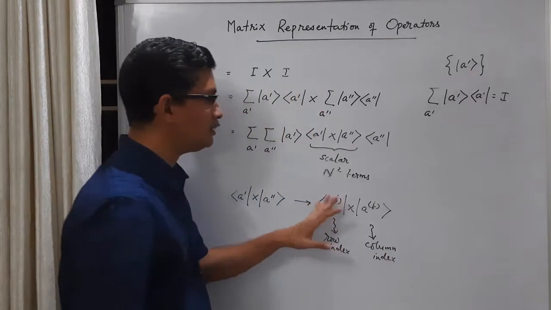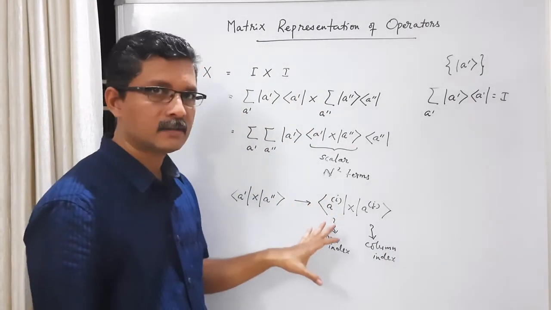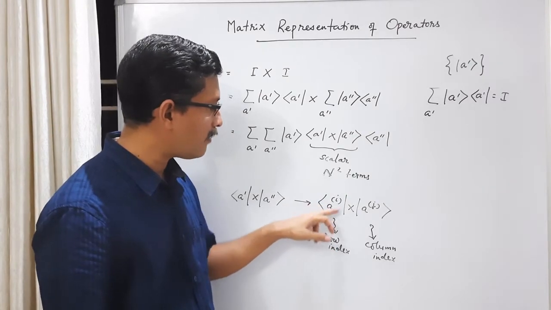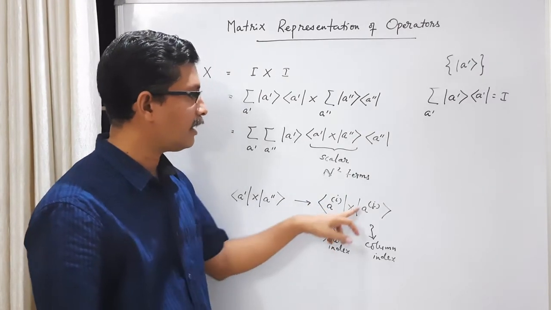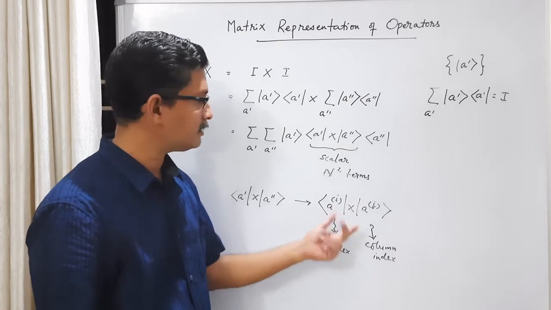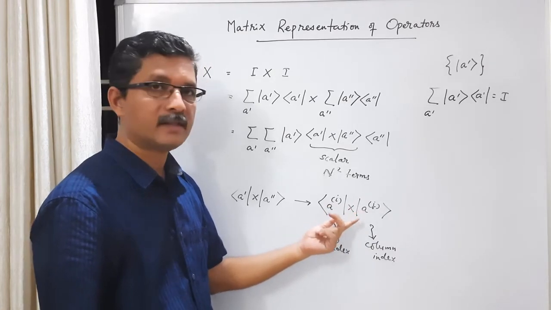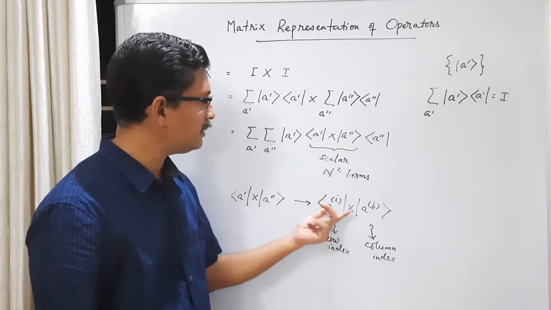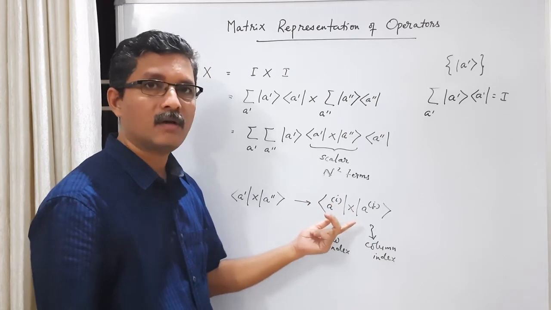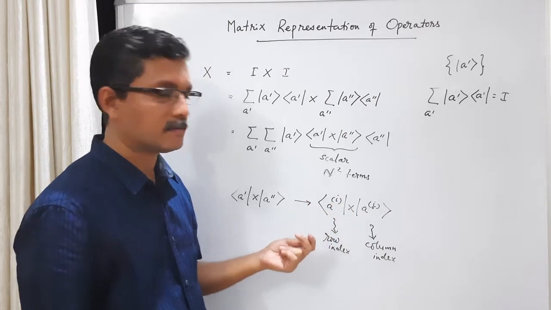So I am going to use this type of indexing. The bra vector represents the row index, the ket vector represents the column index, and this will be a matrix element. We can call this a matrix element of an operator in the given basis.